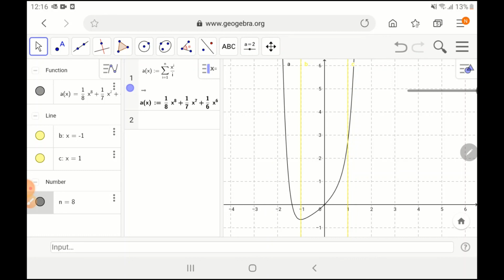And if you see here, when x is greater than 1, the value of the series goes to infinity.